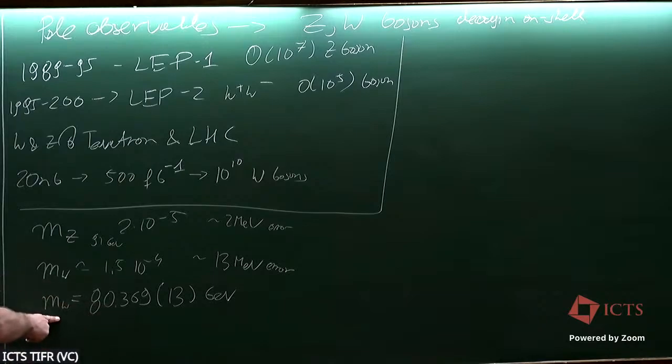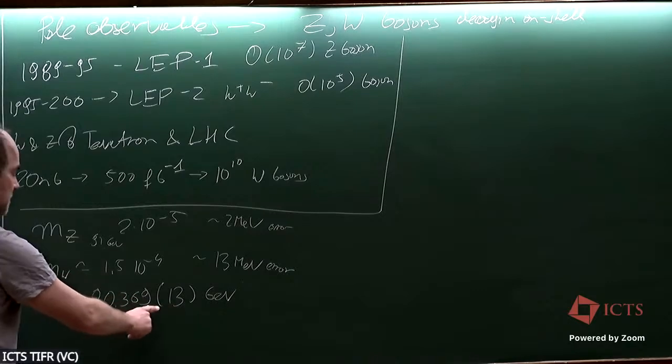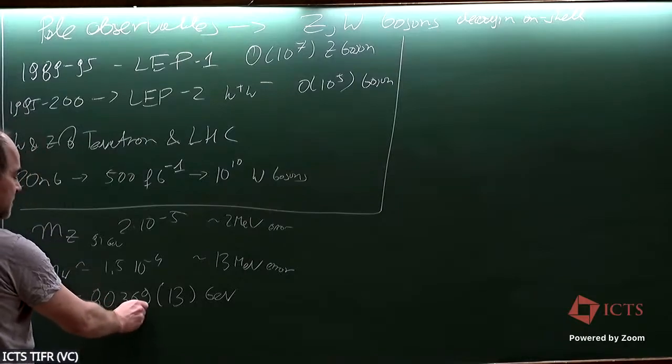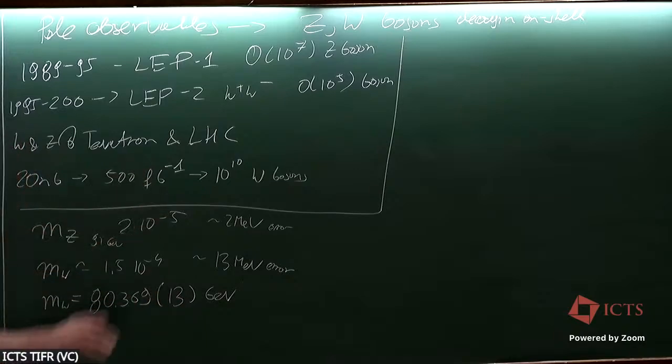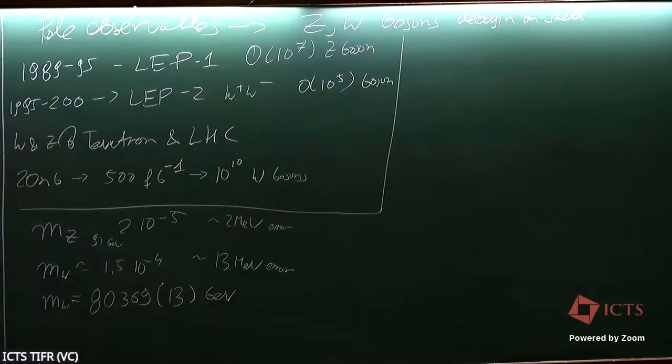The latest W boson mass is this. So this notation means that it's 80.369 GeV plus minus 13 MeV. I don't know if everybody's seen this kind of notation. Instead of writing plus minus, you just write the error corresponding usually to the last significant digits in the number.